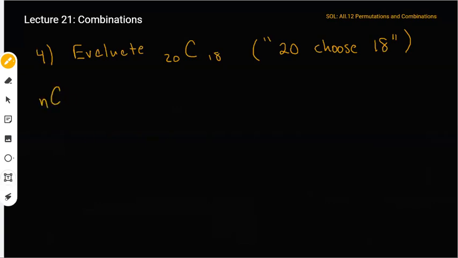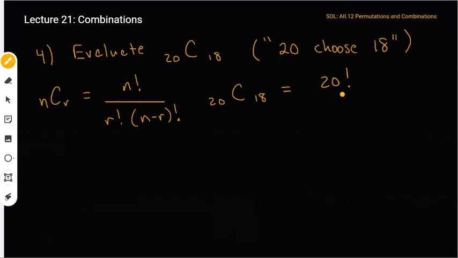Well, the combination formula is going to be N factorial at the top divided by R factorial times N minus R factorial. So what I'm going to do is I'm going to let my N value be 20 and my R value be 18. So at the top of the fraction, I'm going to have 20 factorial. That's going to be a really big number.